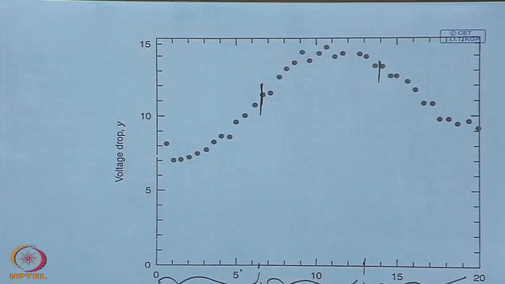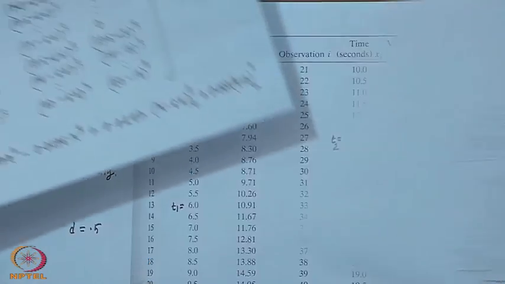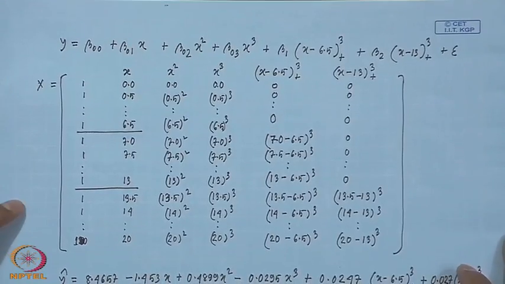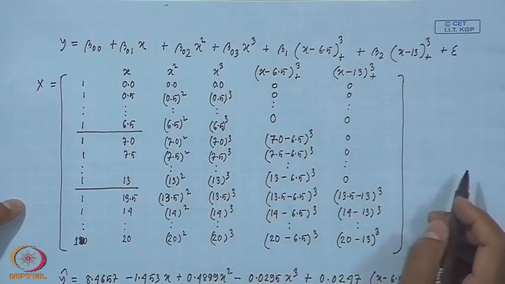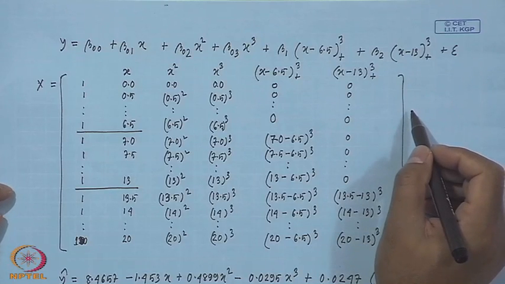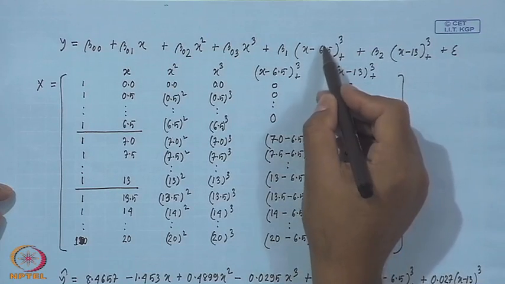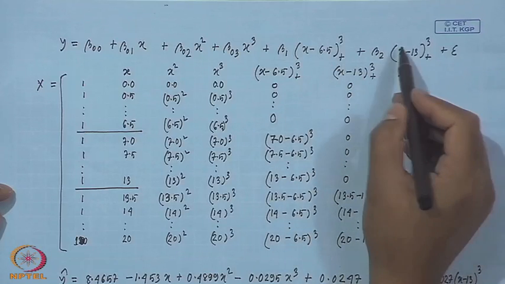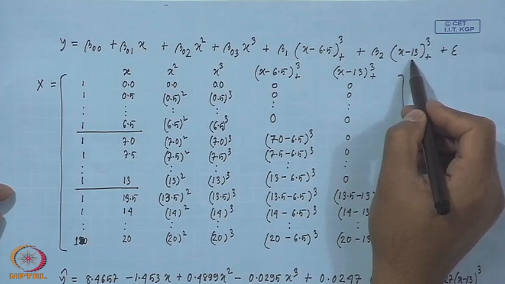Using T1 equal to 6.5 and T2 equal to 13, we will fit a cubic spline model now. This is the model we are going to fit.